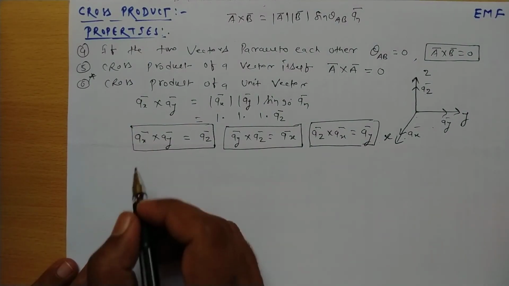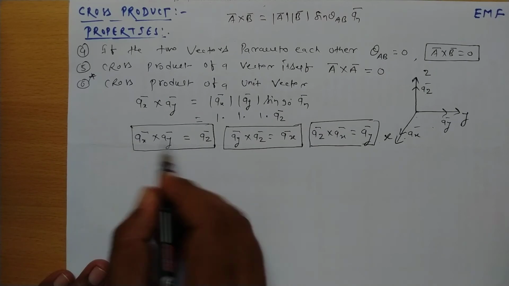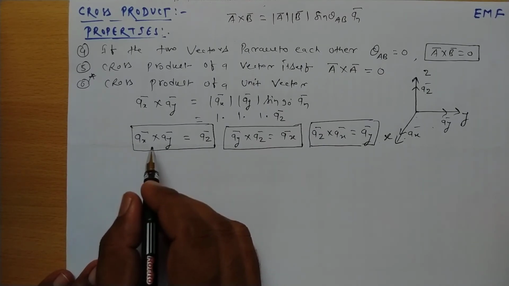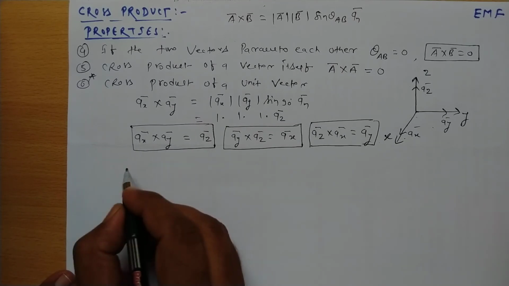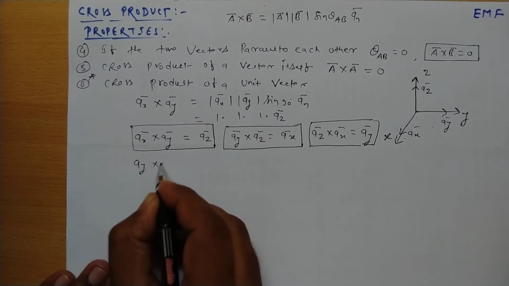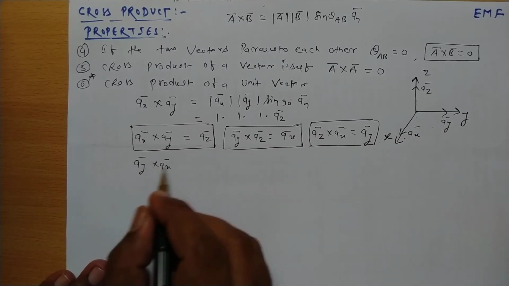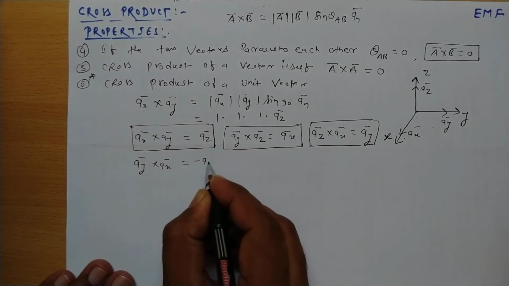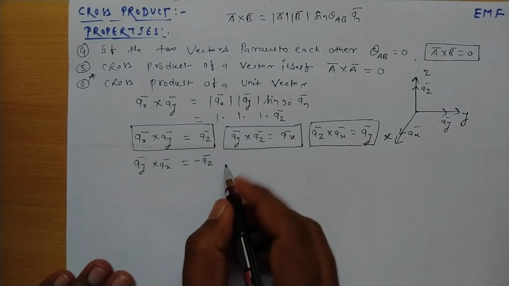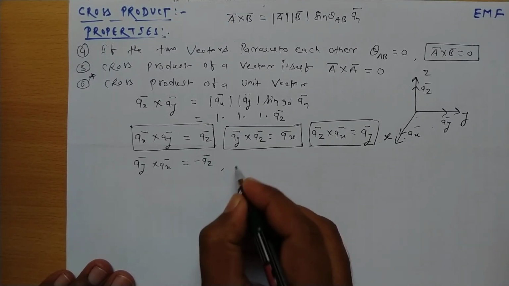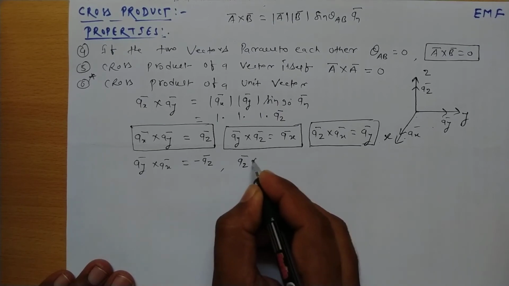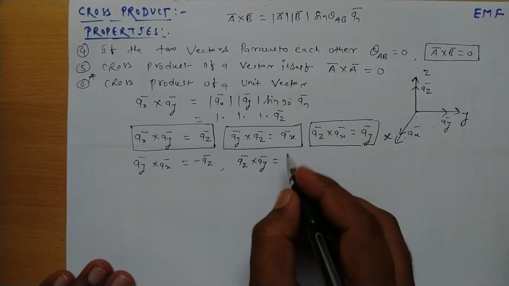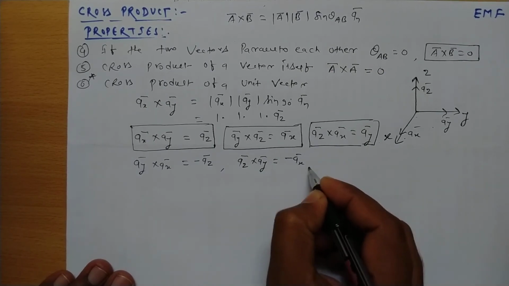Now see here, if I reverse this one, because I wrote AX cross AY, now if I write AY cross AX, this becomes minus AZ. If I write AZ cross AY, this becomes minus AX.